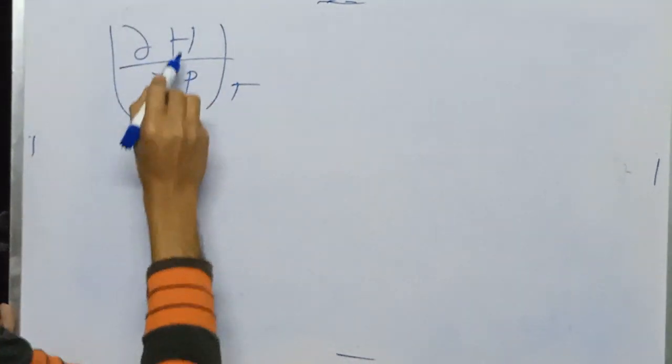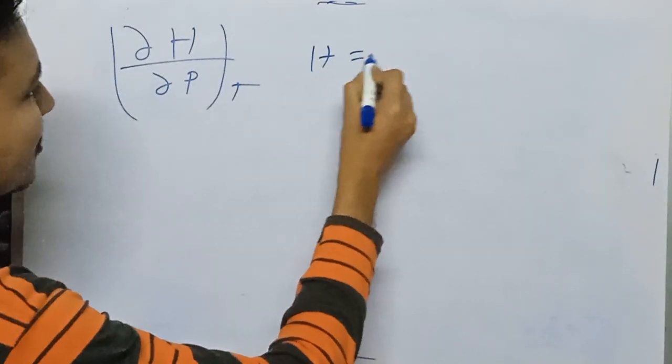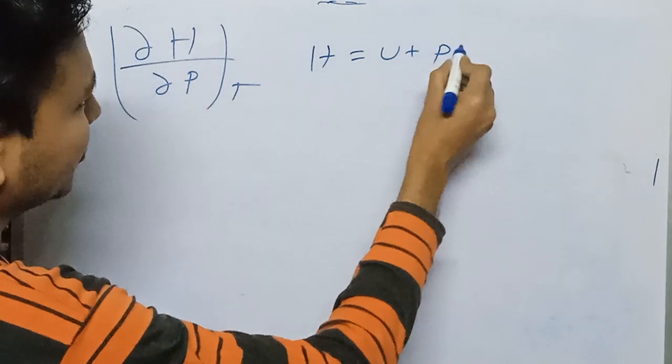And the value of ∂H/∂P at constant T. Here H is called enthalpy. The physical significance of enthalpy and the definition of enthalpy will all be discussed later. Now, just keep in mind this equation that H is equal to U plus PV.